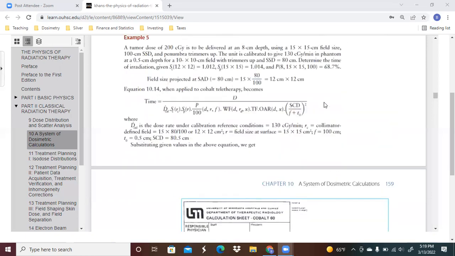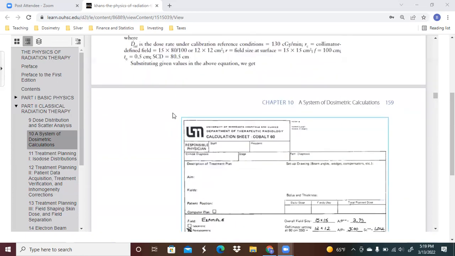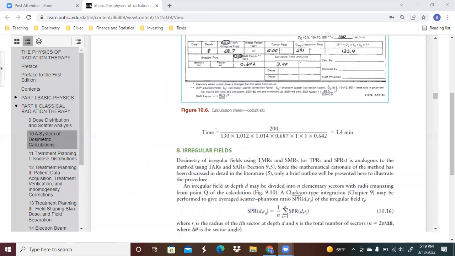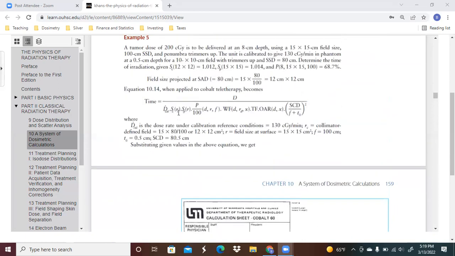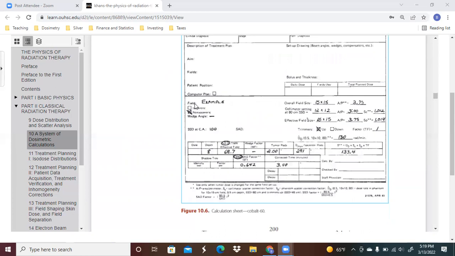And then they are gracious enough here to rewrite the formula, except time is going to take the place of MUs in equation 10.14. The dose rate calibration was 130 centigray per minute. S sub C at a reference RC was given to us here as 1.012.